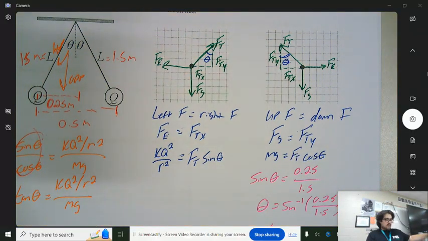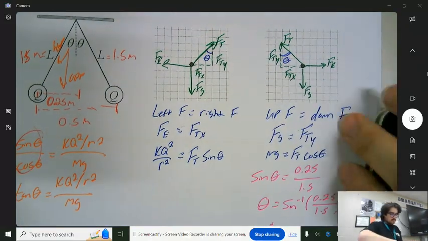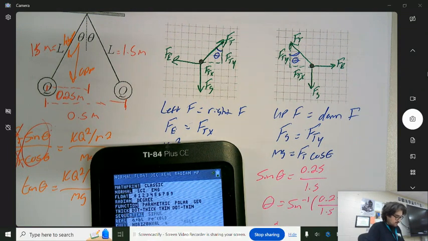Let me double check. Let me get my calculator because I just realized I don't actually have it in the key. I guess I didn't write down how to find the angle there. So you should get sine inverse, let me make sure I'm in degree mode.